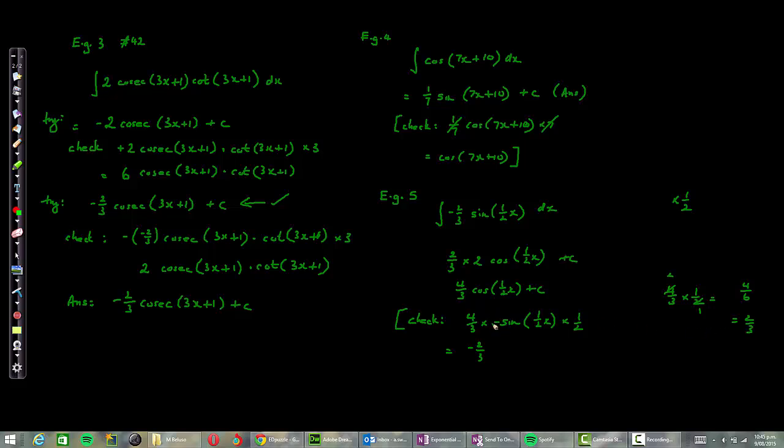But we've got a negative here, so that's why it's negative 2/3. So negative 2/3 sine(1/2 x), which is great because that's what I started with. So this must be the correct answer here. So identify that as my answer.